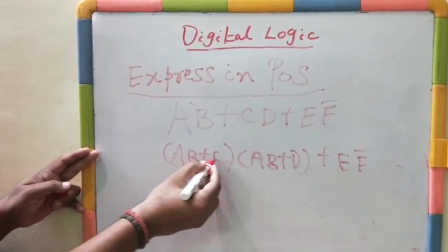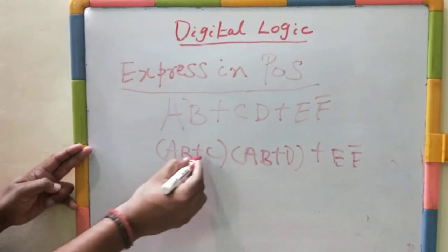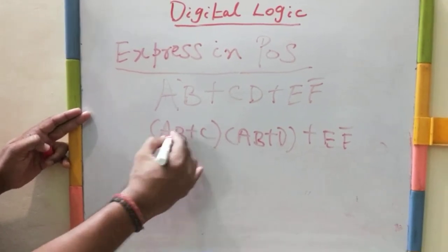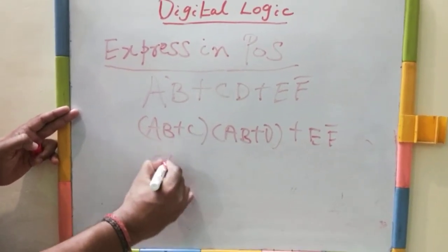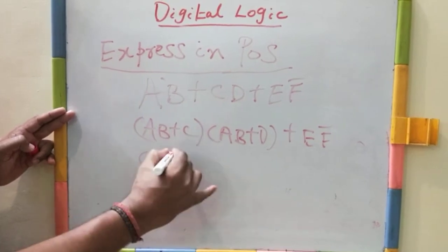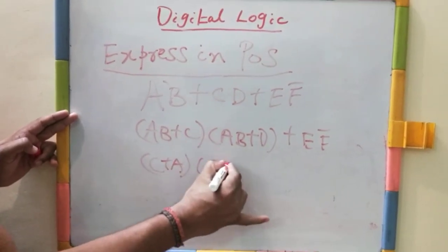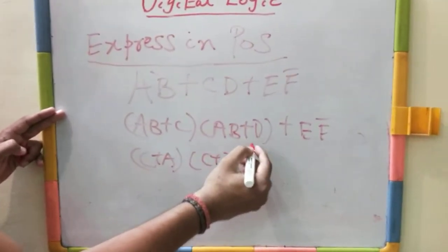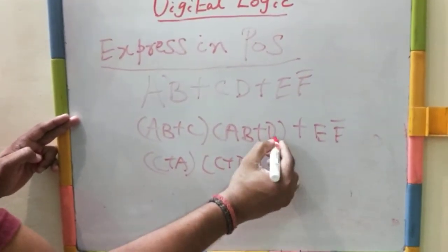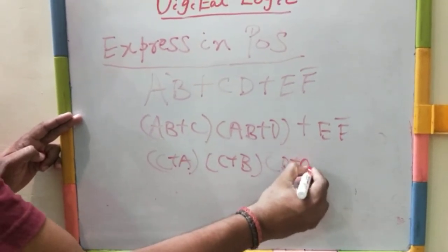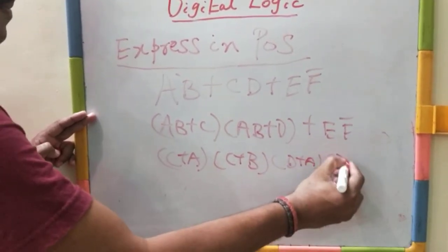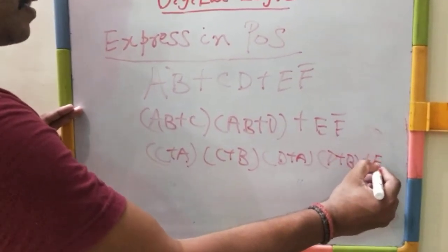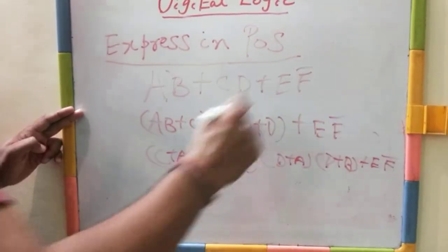Once again, now you look into this expression, AB plus C, which is also in the distributive law form. So C plus A into C plus B. Here this expression is also in distributive form. So D plus A into D plus B, plus EF dash.